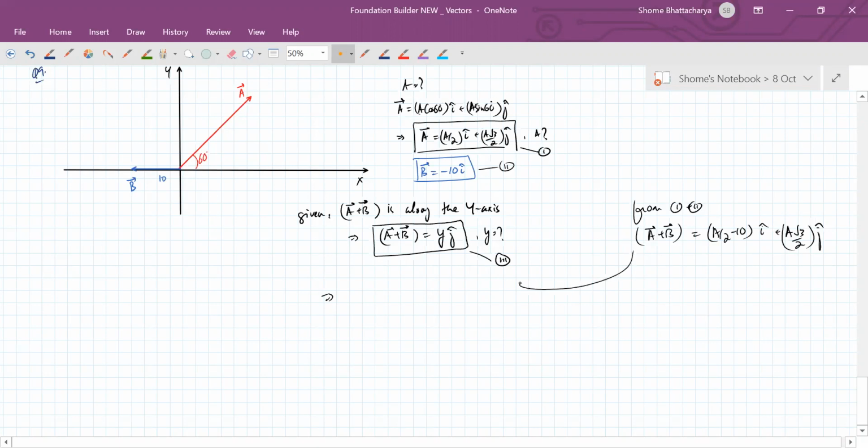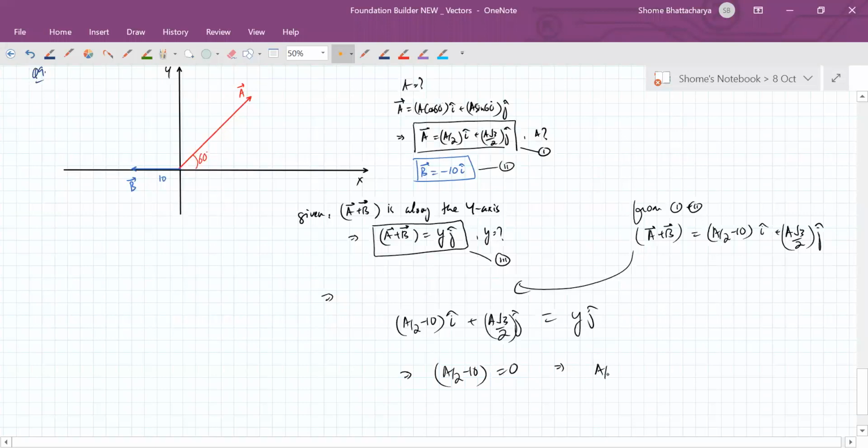So substitute this here. So left hand side is this. Okay. And right hand side is this. So this implies that A by 2 minus 10 should be equal to 0.